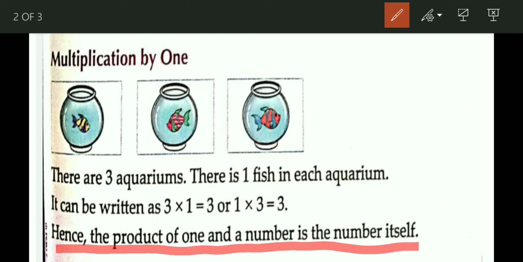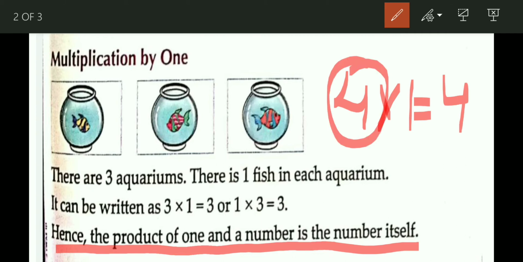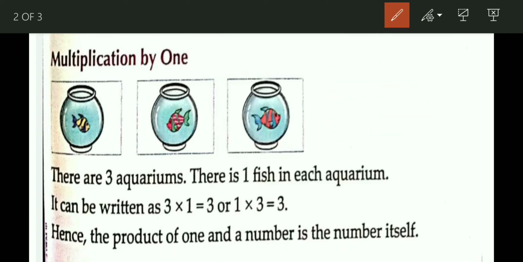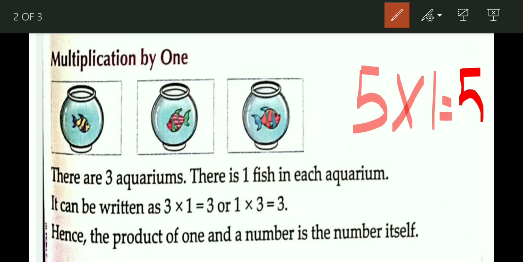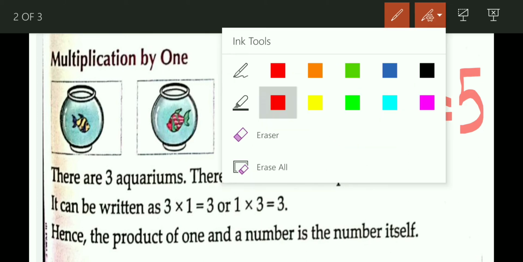Like here, you multiply 3 with 1. What is the answer? The answer is 3. So when you multiply 4 with 1 also, the answer will be 4. You'll get this number only. And when you multiply 5 with 1 also, you will get 5. So if you multiply any number with 1, the answer will be that number itself.